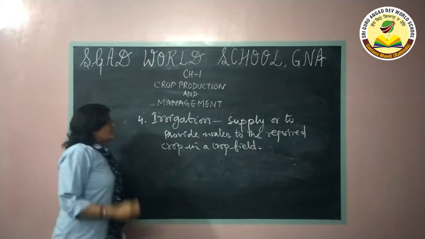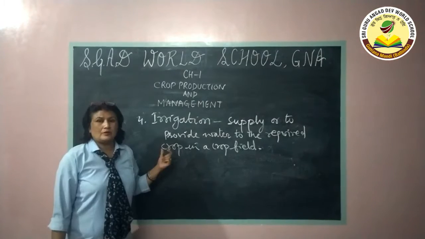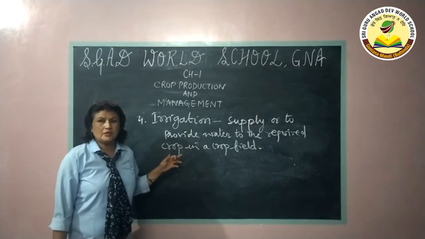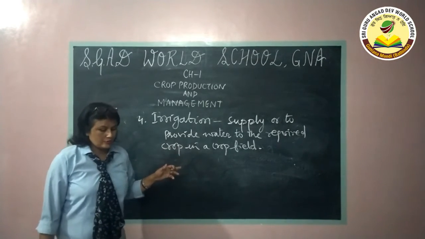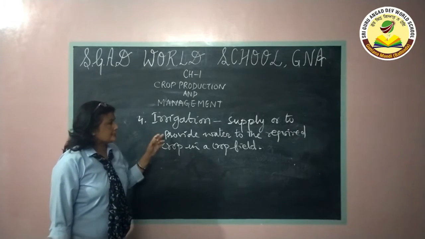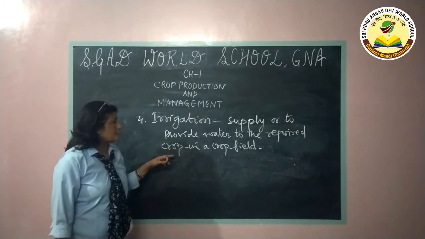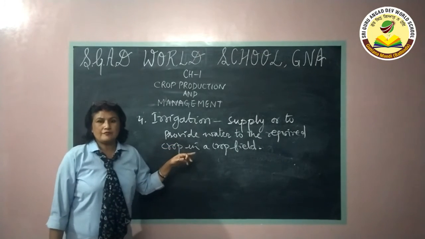Each and every step has its own effect on the yield of the crop. Now, we will see the steps required in irrigation. Irrigation, as I said earlier, is supplying or providing water to the required crop in a required field.